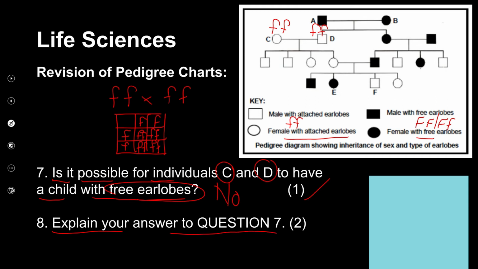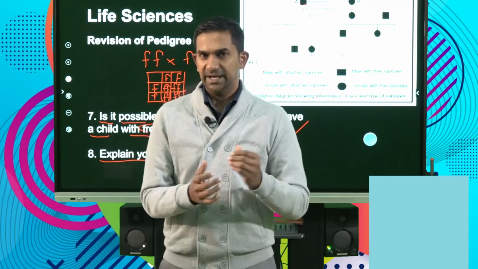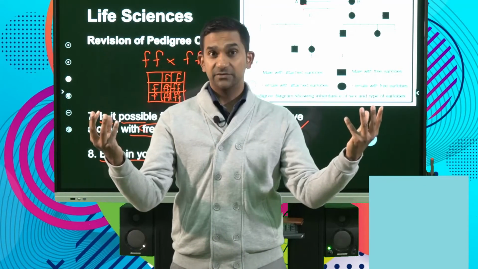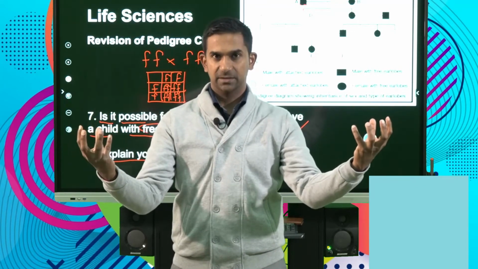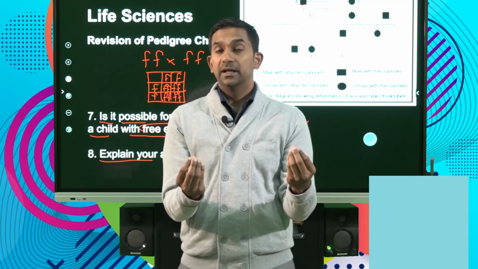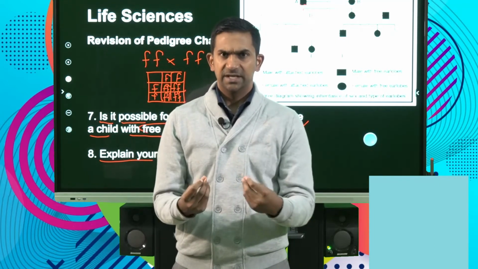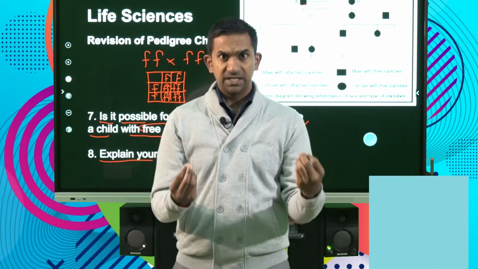Essentially, my explanation would be, guys, if you've got parents that are homozygous for a particular characteristic, and both these individuals we refer to as pure breeding, when we cross those individuals, the only possibility that we have in the next generation is the same characteristic appearing.